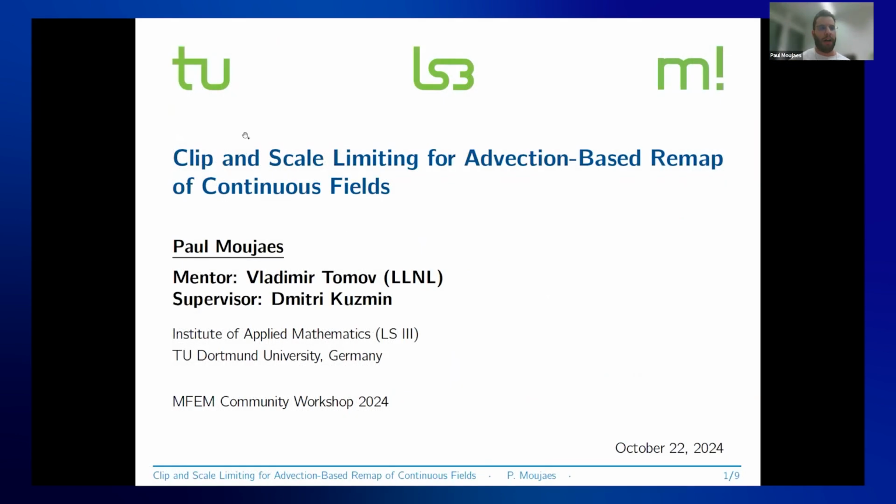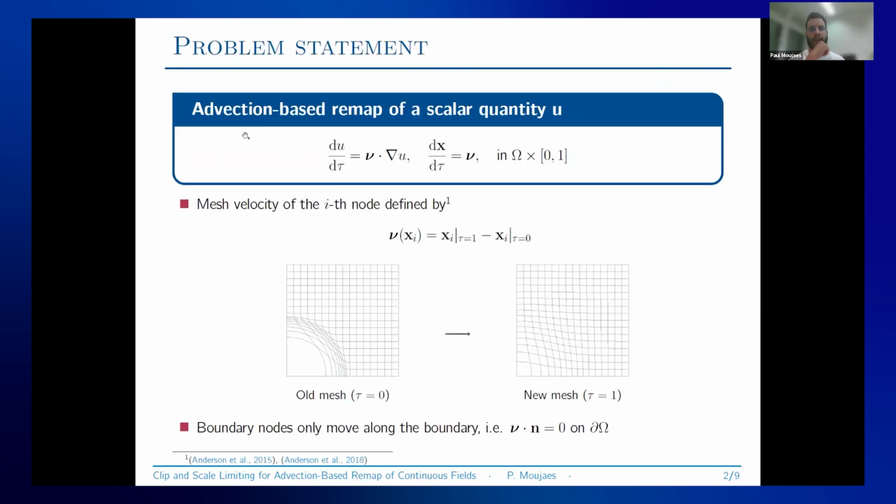So I spent my summer at the lab as well for my internship with Vladimir, and we worked on advection-based remap for continuous fields like the velocity field in the Lagos or ALE solver. And the advection-based remap can be interpreted as an advection equation with an additional equation for the mesh movement, where nu is a velocity field.